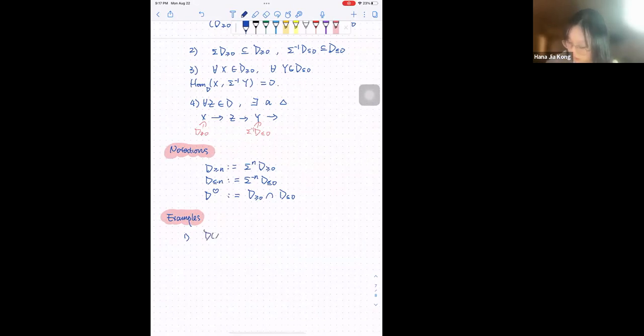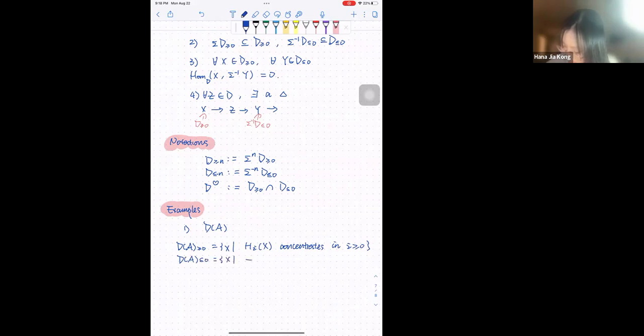So for the derived category, we can define the greater or equal to 0 part to be everything whose homology is concentrated in the greater or equal to 0 part, and similarly for the smaller or equal to 0 part.